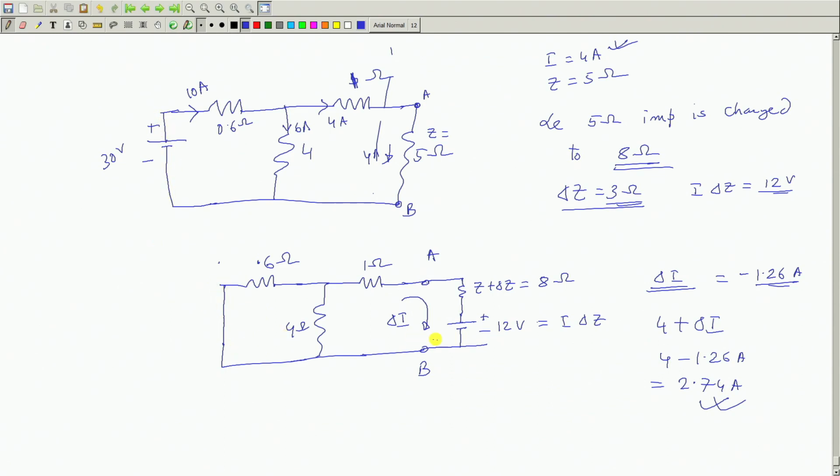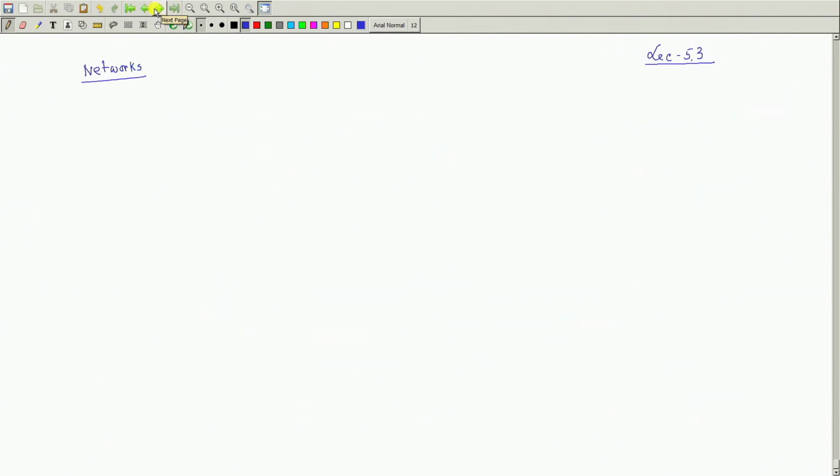So, I shorted it, and you calculate this current, you will get delta I. Then to the original current I, if you add delta I, you will get the current in the circuit when this 5 ohm has changed to 8 ohm. Anyway, you practice a lot of them.